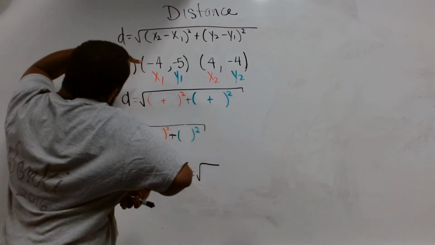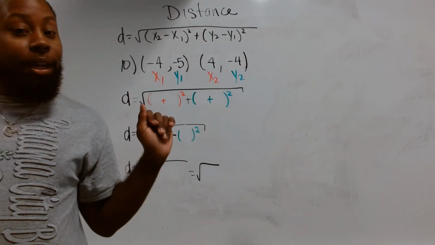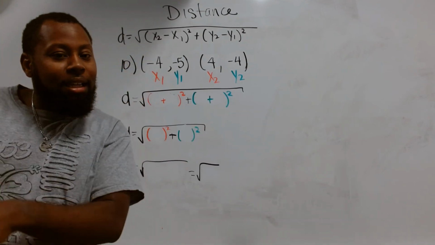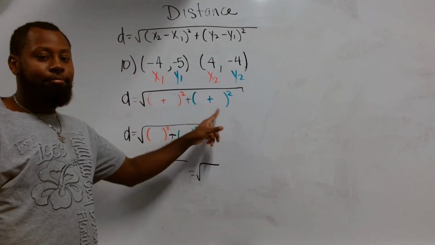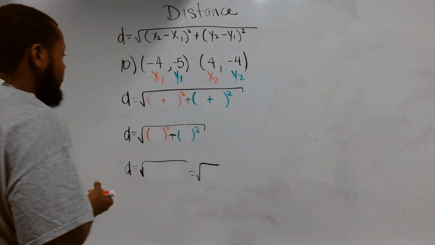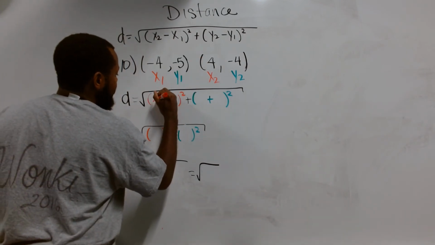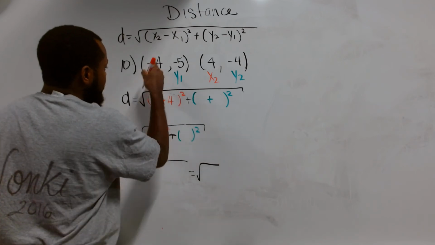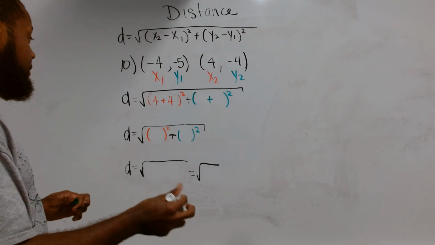I see my X1 and Y1 got 2 negatives. And when I see 2 negatives, that means I need to do what? I need to add. Okay, enough of acting like a crazy person. Negative 4 plus negative 4. Two negatives, like we already said, give me a positive.